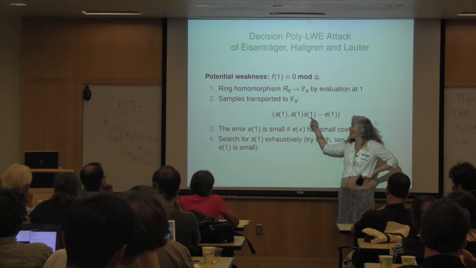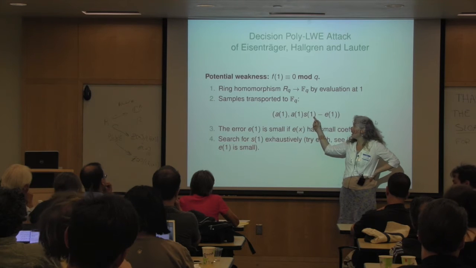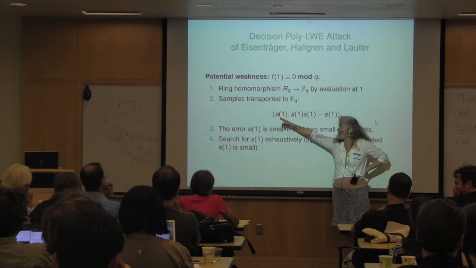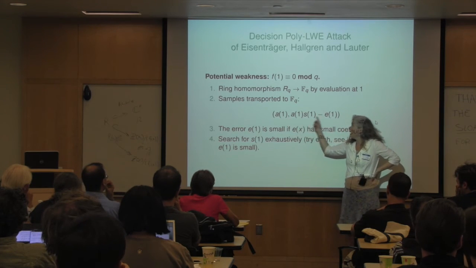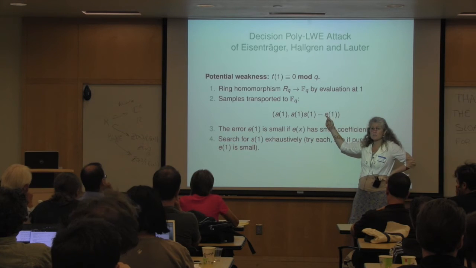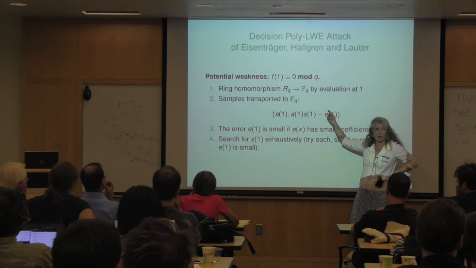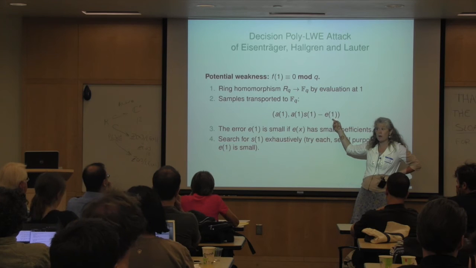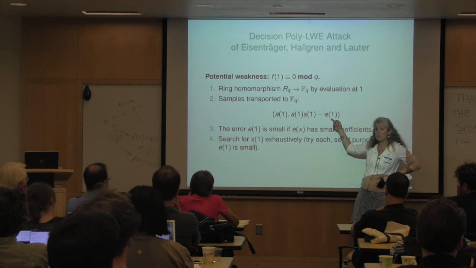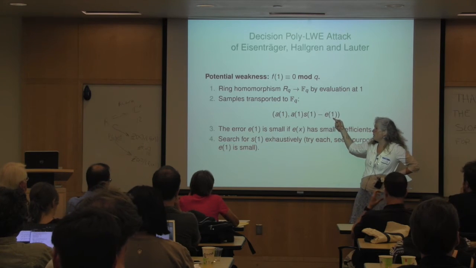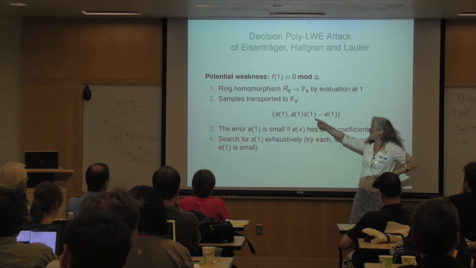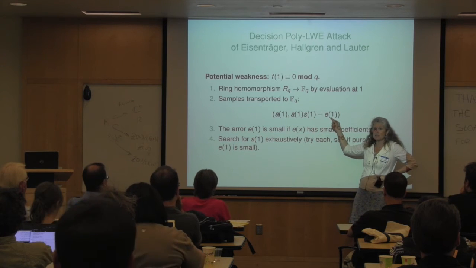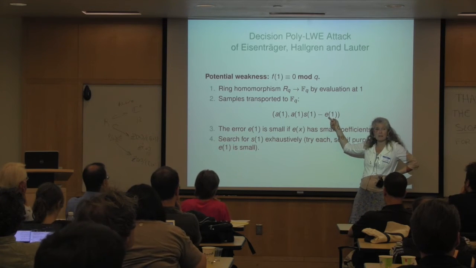If you guess s of 1 correctly, and you take b of 1 and subtract off a of 1 times s of 1, then you would get e of 1. If this were really an LWE sample, this would be small, so you can check for smallness. You take your first sample, go through the guesses, check for smallness, and keep only the ones that are small.